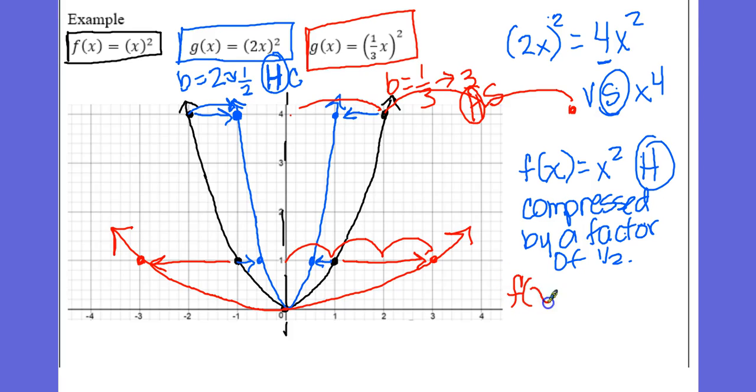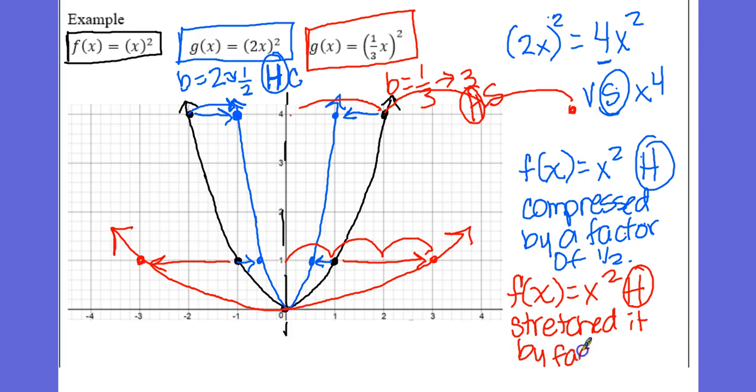And then with our red graph, we took the parent function, x squared, and we used its inverse of 1/3, which was 3. So we horizontally stretched it by a factor of 3. I didn't mean to write the word it.